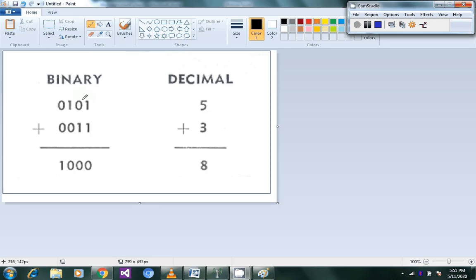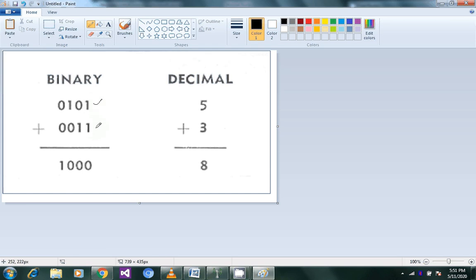Here you see more clearly: 1 plus 1 in binary gives 0, and 1 is carried forward. This one is added to this number, that is 1 plus 0 equals 1, and this 1 is again added to 1, so 1 plus 1 equals 0, and carry forward 1.